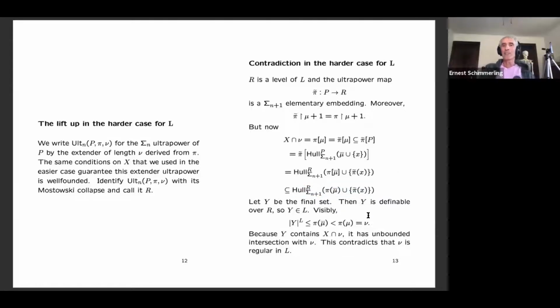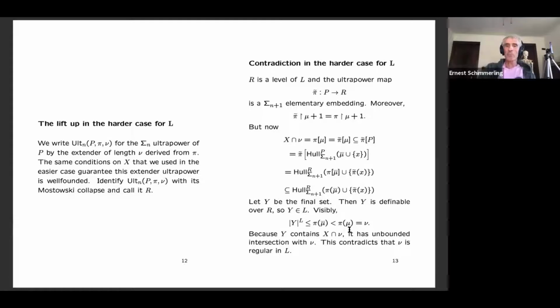So let's call this final set Y. Then Y is visibly definable over R, and so it belongs to L. And also visibly, the cardinality of Y isn't any bigger than the set you're taking the hull of. And the set you're taking the hull of is this set together with one more parameter.